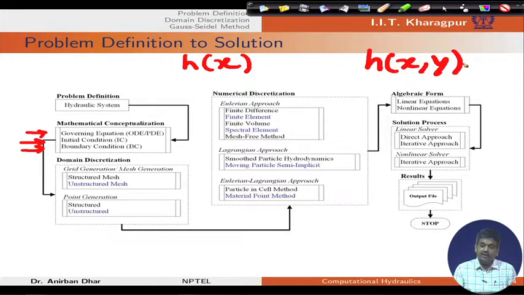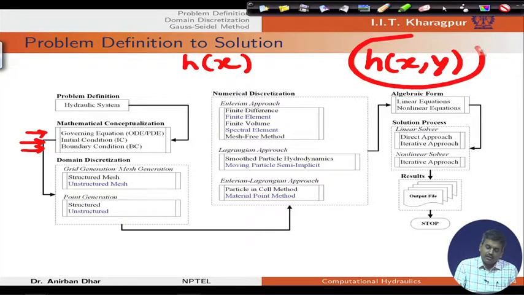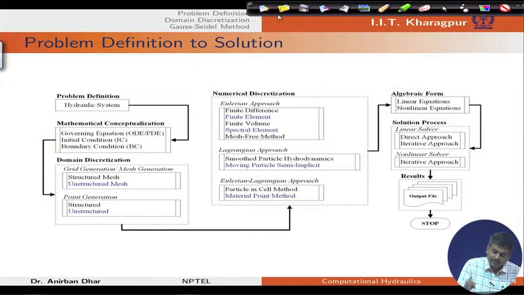In this case, we are considering two dimensional flow, so we need to see the variation in x y. Obviously, we need to find this h x y.